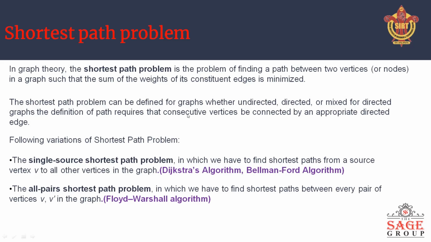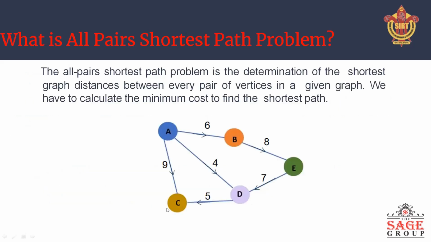Our topic is the all pair shortest path problem. So what is the all pair shortest path problem? It is the determination of the shortest graph distance between every pair of vertices in a given graph. We have to calculate the minimum cost to find the shortest path.